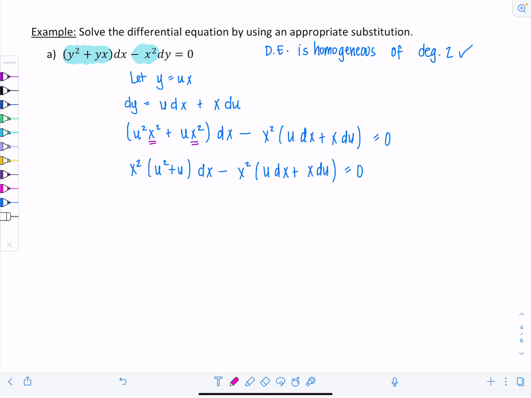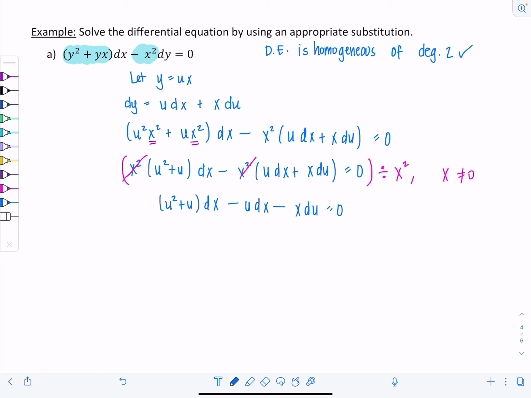I'm going to divide everything by x squared, assuming x does not equal 0. At the end, we're going to check if x equals 0 is also a solution to our differential equation. So now this is gone, and all I'm left with is (u squared plus u) dx minus u dx minus x du equals 0.